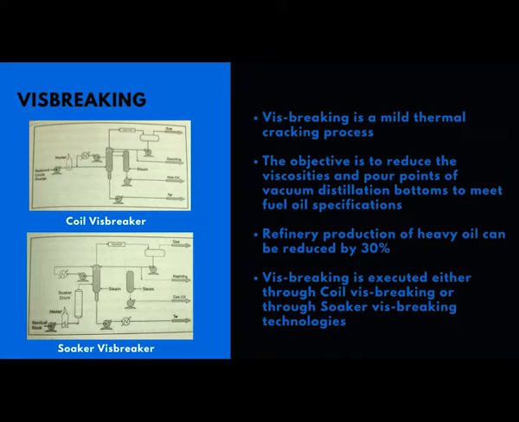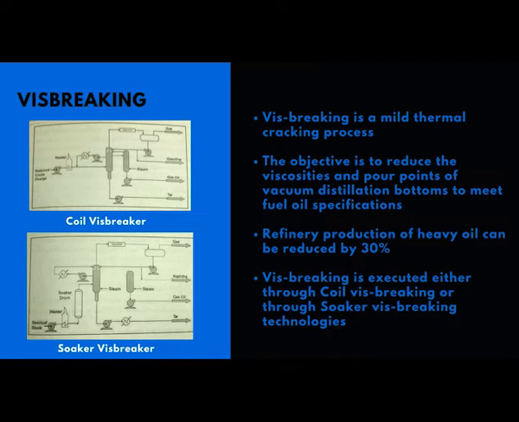Then the next process is known as visbreaking, and the unit where it happens is known as the visbreaker. Visbreaking is a mild thermal cracking process. As the name suggests, the objective of this unit is to reduce the viscosity and the pour point of the vacuum distillation bottoms to meet furnace oil requirements.